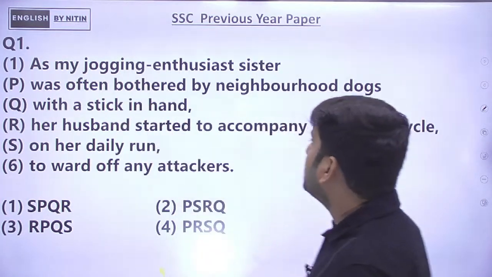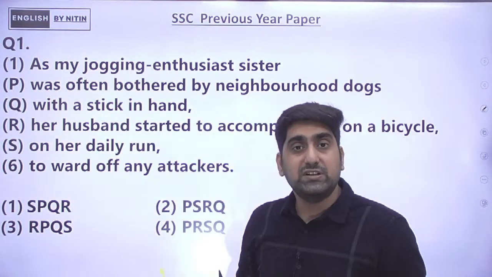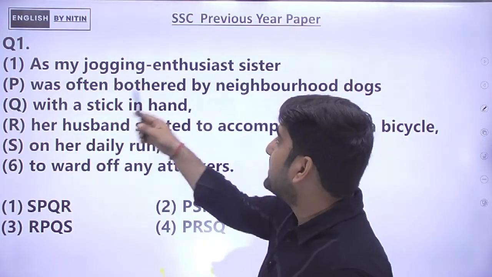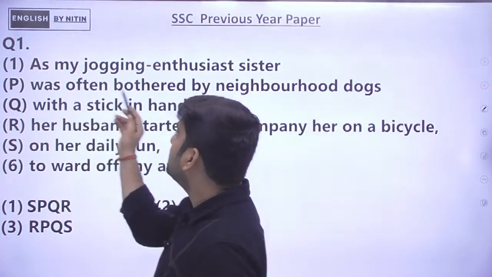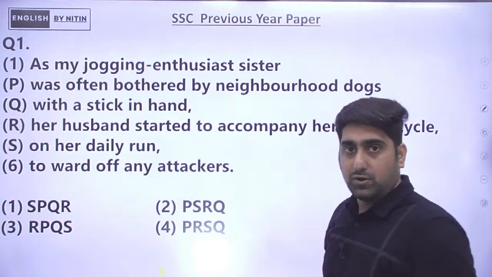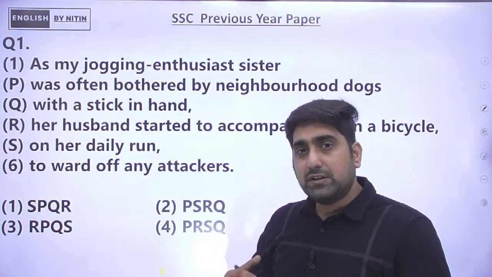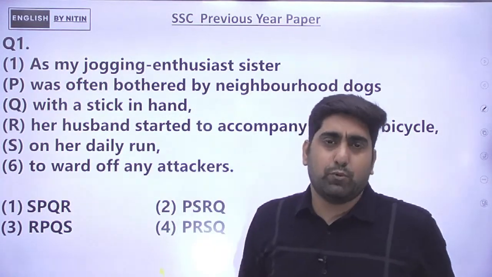As my jogging enthusiast sister, this is the subject, and now we need a verb corresponding to this subject. "As my jogging enthusiast sister was often bothered by neighborhood dogs." It is very obvious that when somebody is walking, running, jogging, the dog may bother them.